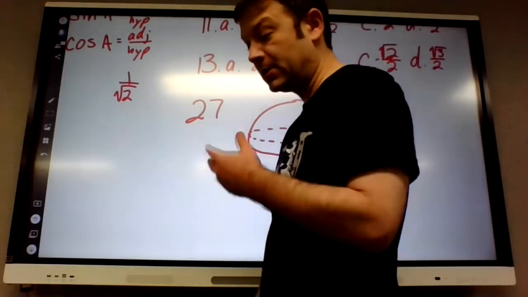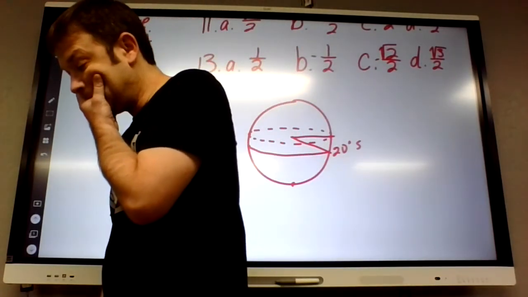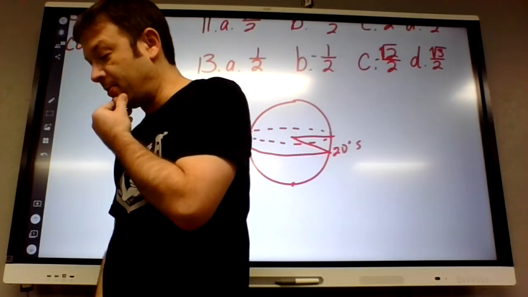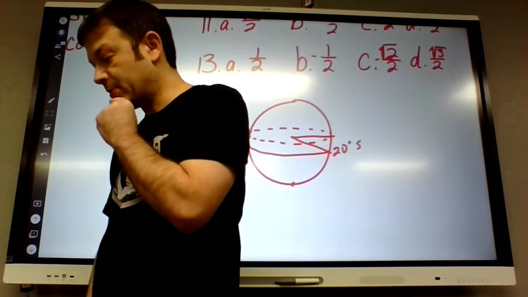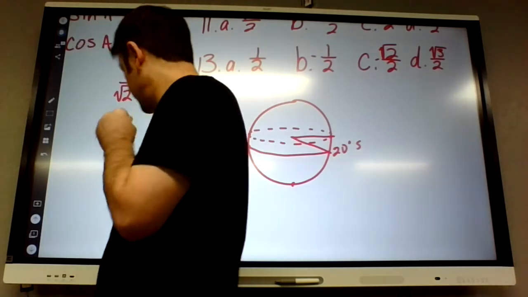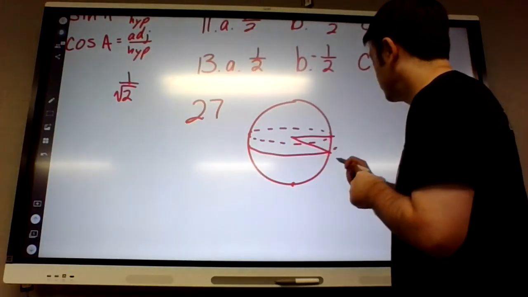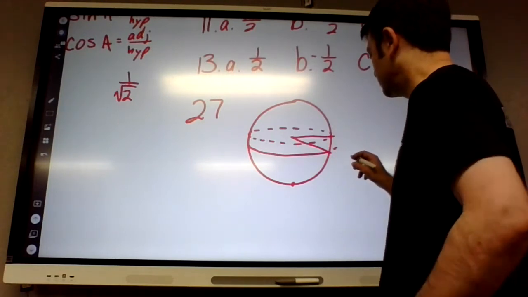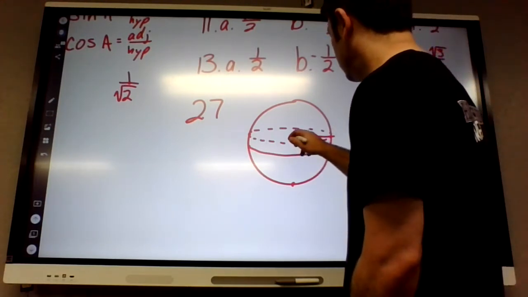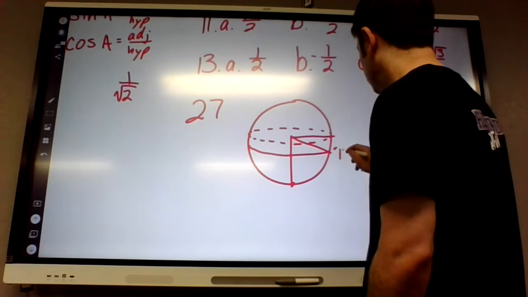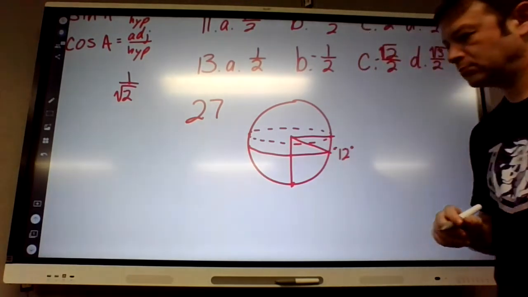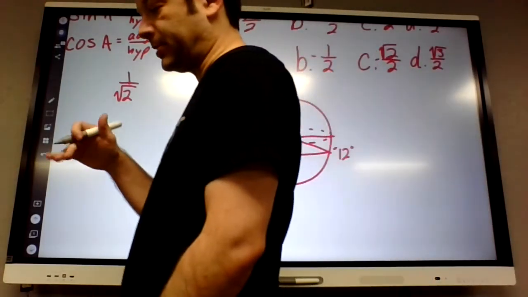It says latitude of Lima, Peru is 12 degrees south. About how far from Lima is the South Pole? I should have read the directions.